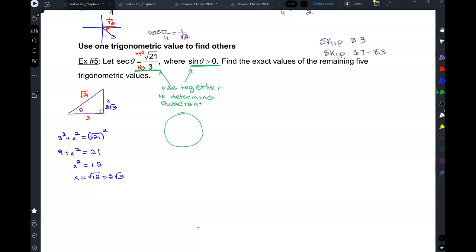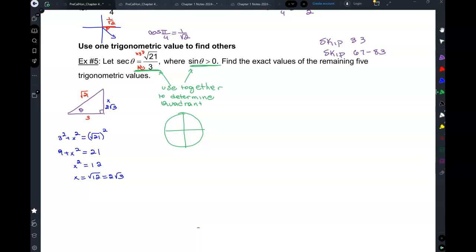So here is the unit circle, okay? So here, this second one here is saying sine is positive. So is sine associated with the x or the y? The y. And so in here, positive y's are all here, right? So sine is positive in the first two quadrants.